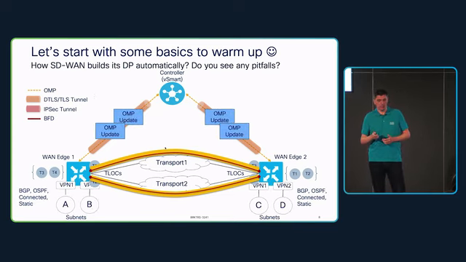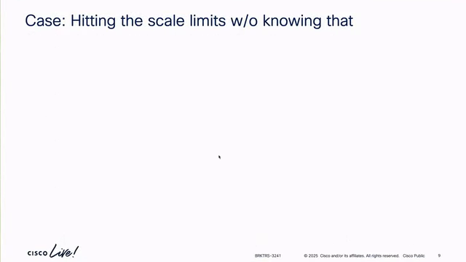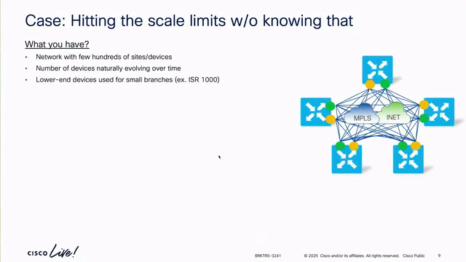And again, moving forward to a specific case. I'm placing myself in the shoes of a customer. The customer was having, let's say, 100 or 200 devices. Most of those devices are very low-end devices like ISR 1K. This totally makes sense if you are trying to connect your remote location to the central DC or hub, which is a normal practice nowadays. There were no specific requirements for that network.